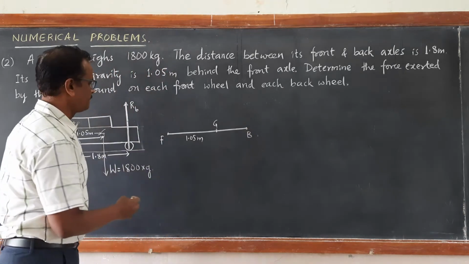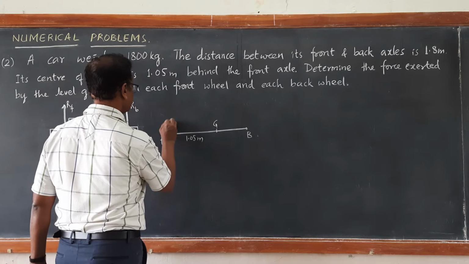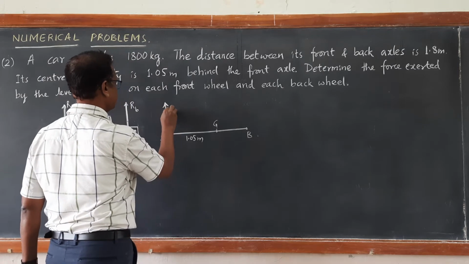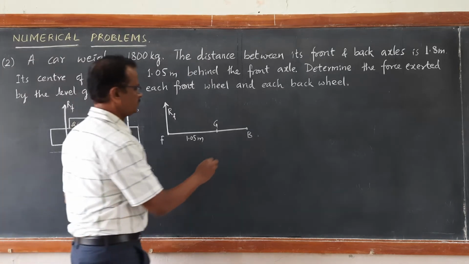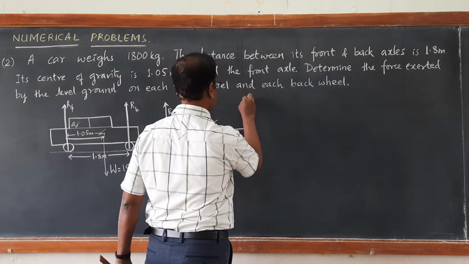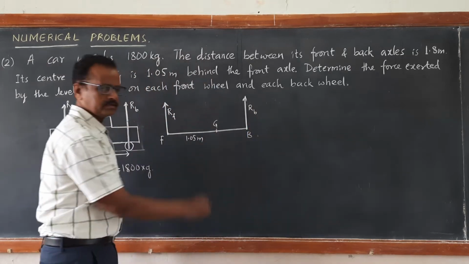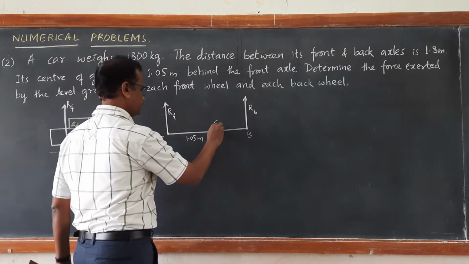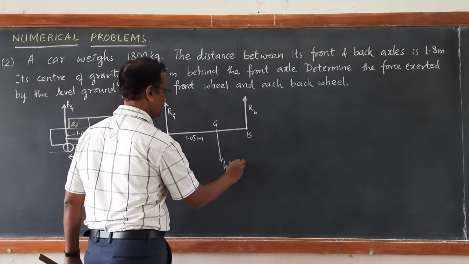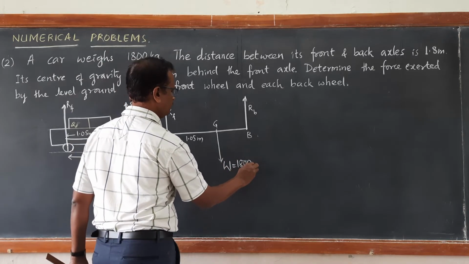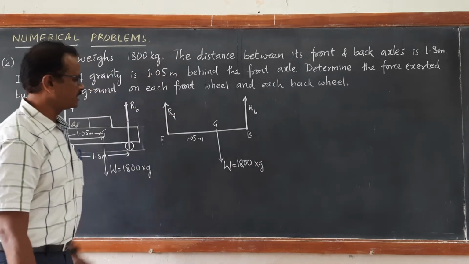Then the reaction force is vertically upward. This I am calling RF, the reaction force on the front wheel, and this I am calling RB, the reaction force on the back wheel from the level ground. And at the center of gravity, we have to show the weight of the car, that is 1800 into acceleration due to gravity, right?